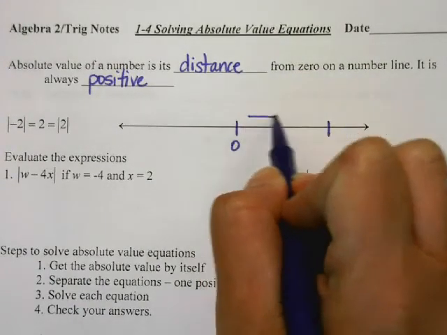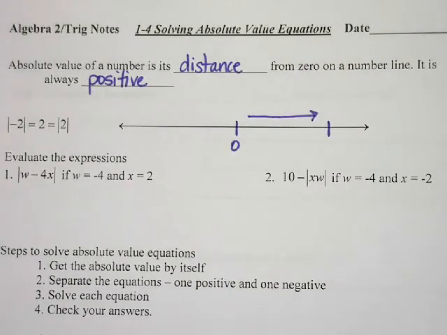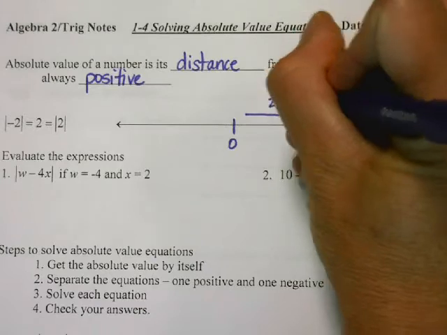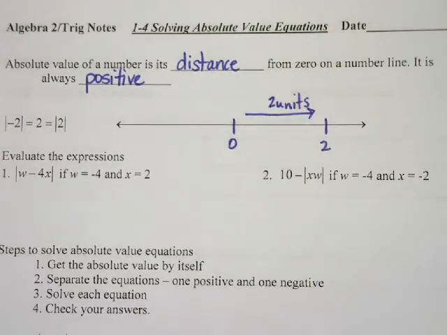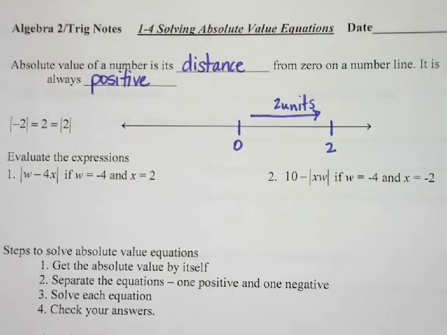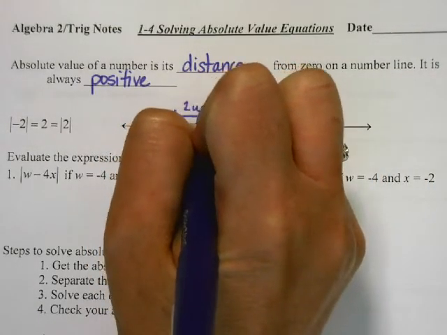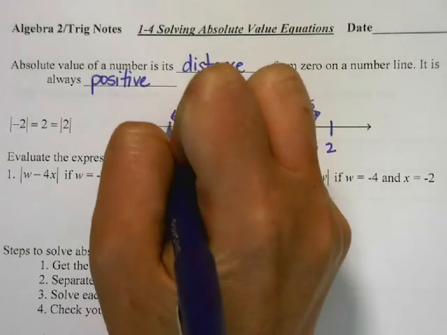If I go 2 units to the right, I get to positive 2. But I could also go 2 units to the left, and I get to negative 2.